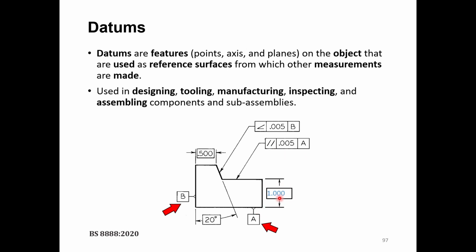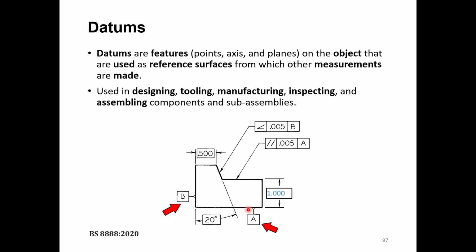For example, this dimension is 1, but this surface here has a feature control frame that says this surface should be parallel relative to A, which is datum A, and the parallelism of this surface should be within 0.005.